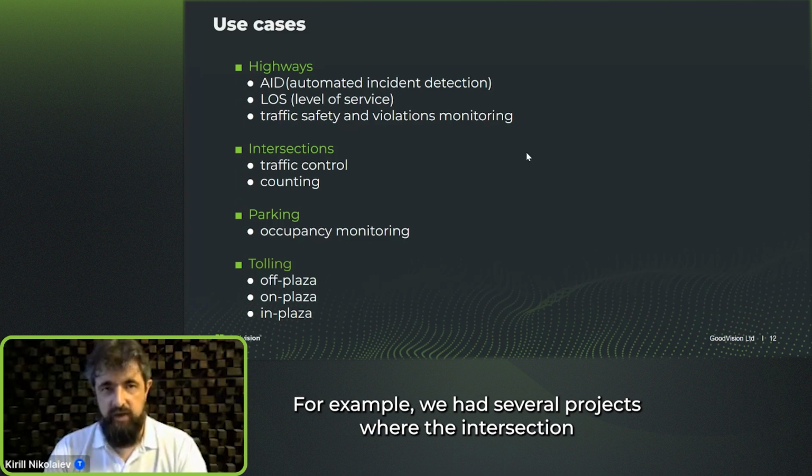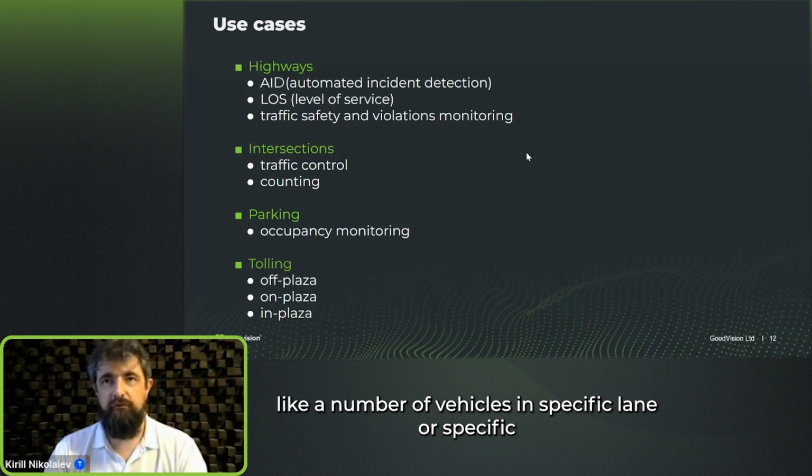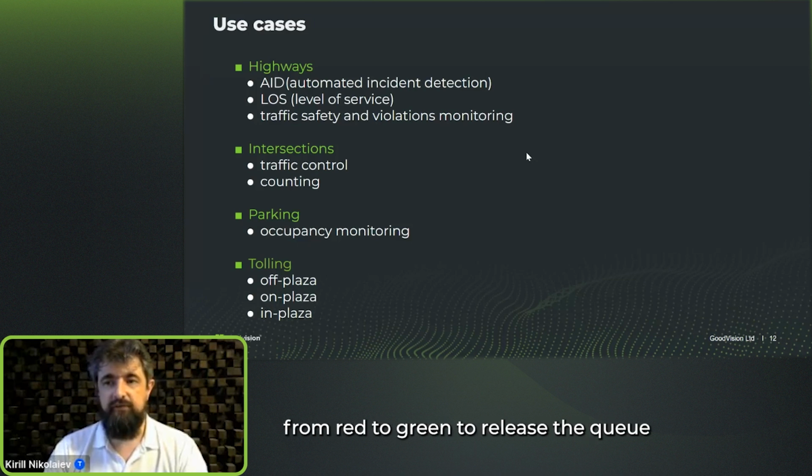We had several projects where the intersection control system received the input from live traffic, like a number of vehicles in a specific lane or specific incoming road, and turned the light from red to green to release the queue.